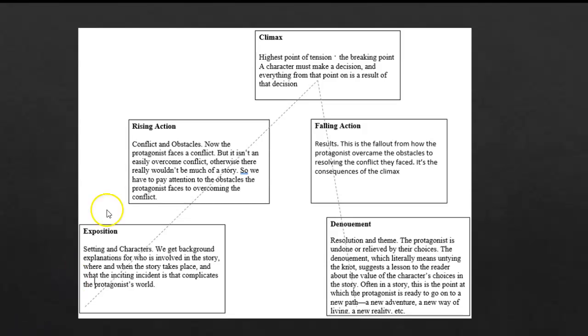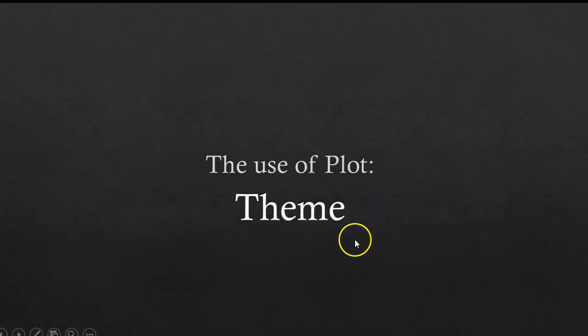Okay, so those are the details of plot, and that's all you really have to know about plot. Although that's a lot to know. We've got some new vocabulary in there. But I also want you to remember this. The main purpose for plot is that it works as a tool authors use to convey meanings to their readers, to convey a lesson, a message to the reader.